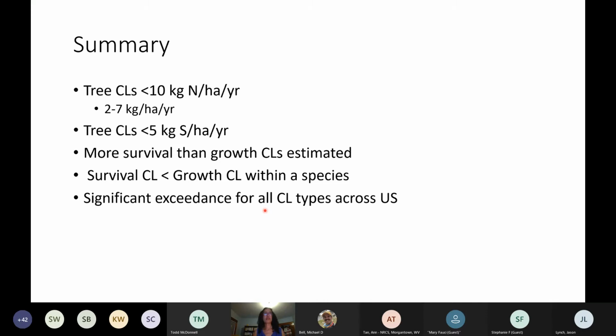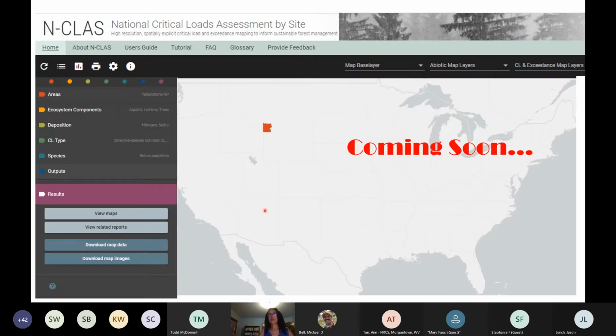And before I turn it over to Justin, I just want to do a little plug for something that we've been working on, which is a tool. As you may have gathered from this analysis, we're generating a lot of information, a lot of maps, figures, and tables, and we want to have a way for you to be able to access them easily.